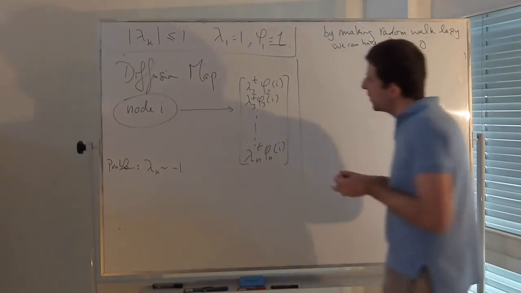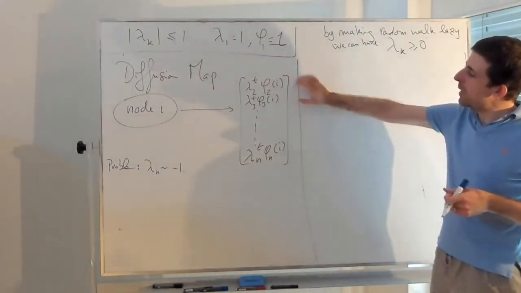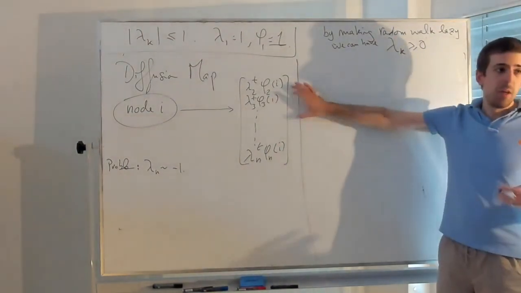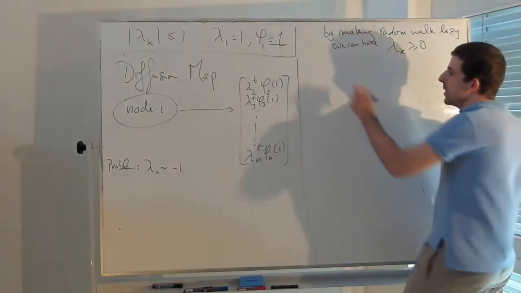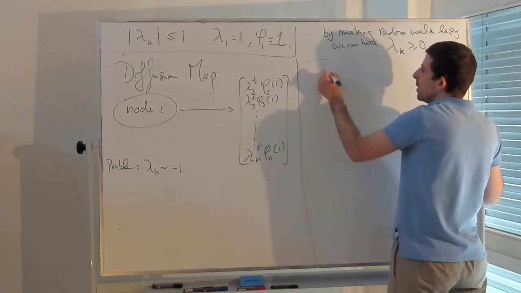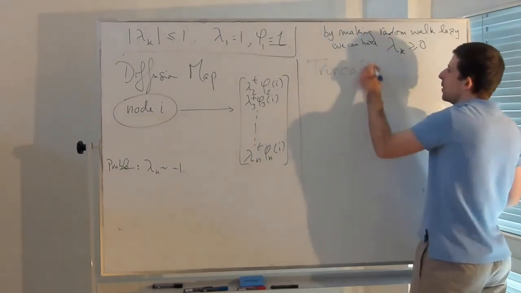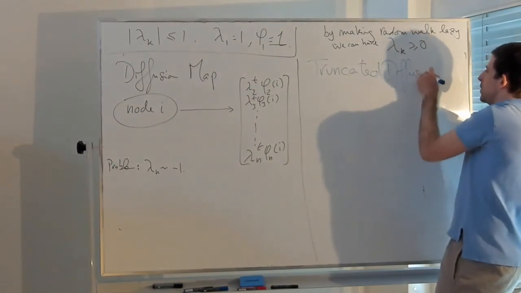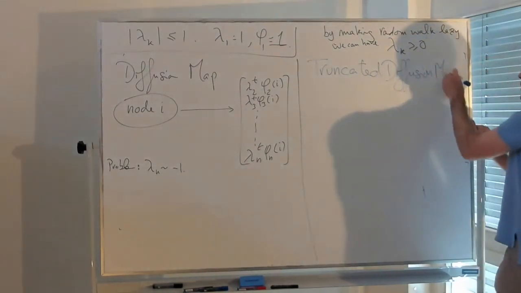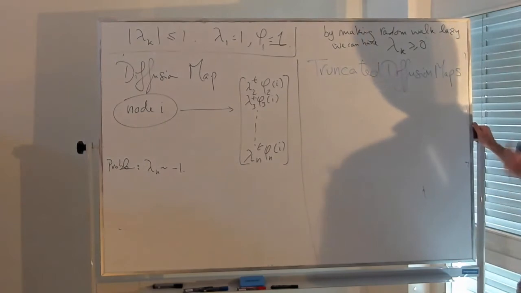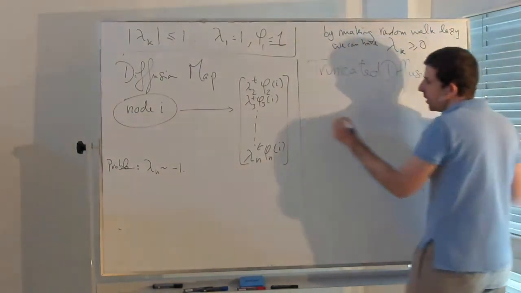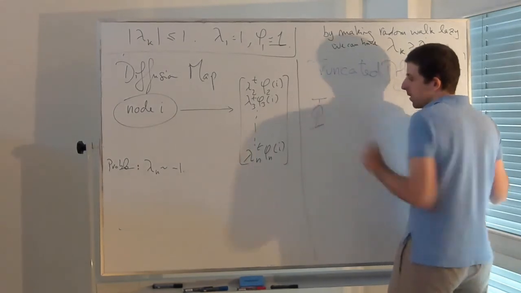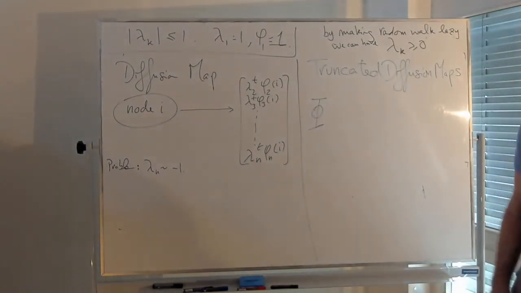And so it makes a lot of sense. Most of the energy of the embedding is going to come from the first few coordinates, the first few eigenvalues and eigenvectors. So the idea is to do the so-called truncated diffusion maps. And the truncated diffusion maps are the following. Let me make sure I use the same notation.